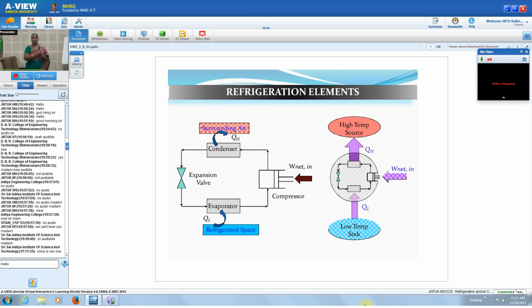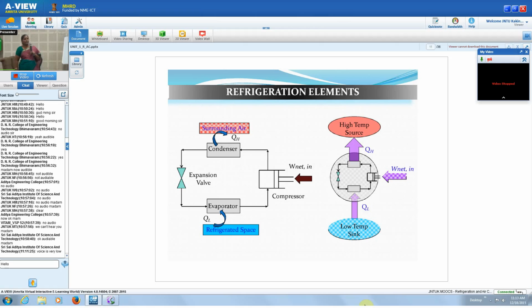Afterwards, when the air at high pressure and low temperature is expanded in a valve or an expander, we will get the refrigerant at very low pressure and temperature, which can take the heat from the space to be cooled or refrigerated.